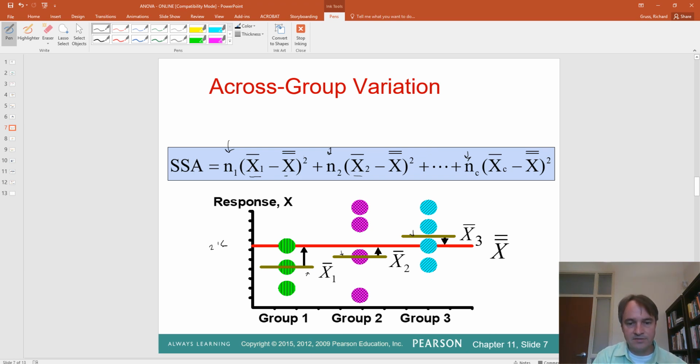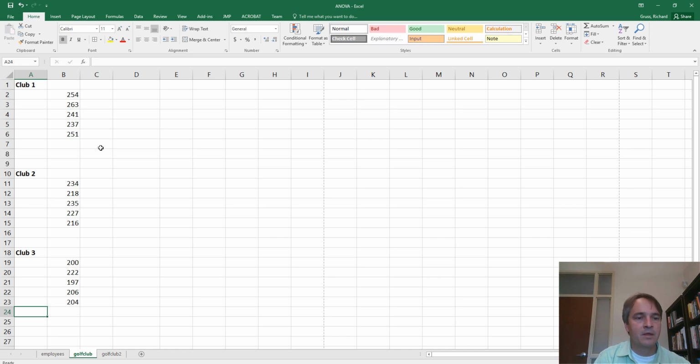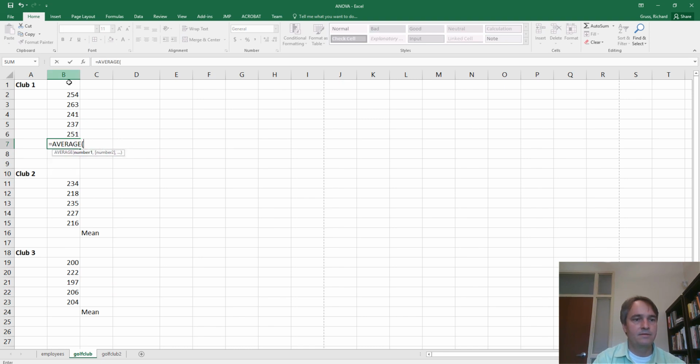So we're finding the sum of squares across. The first thing we need is each of the group means, so we'll need a mean for each club. We'll do the average of these: 249.